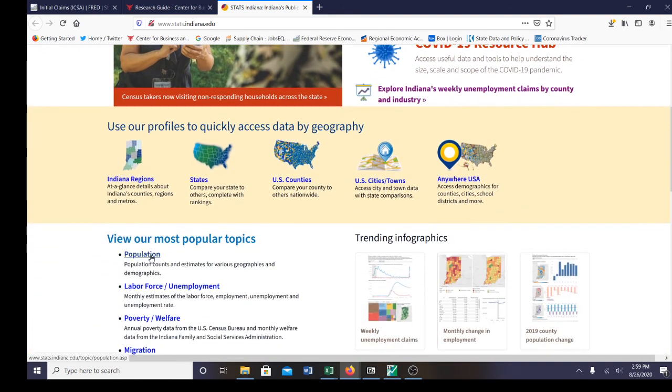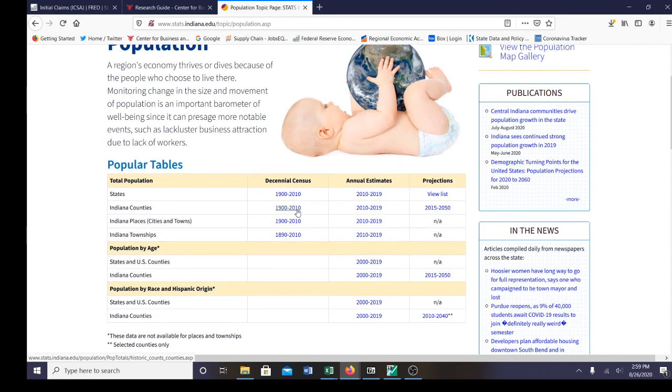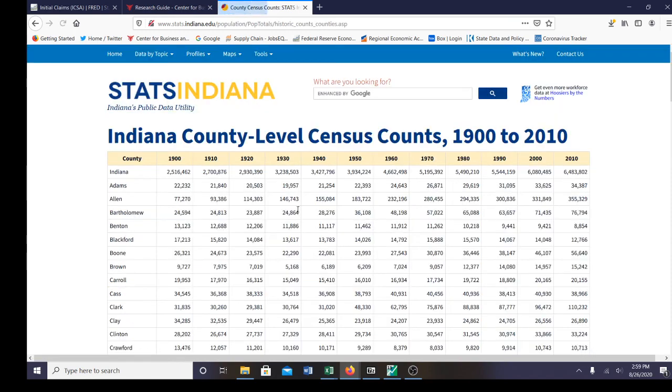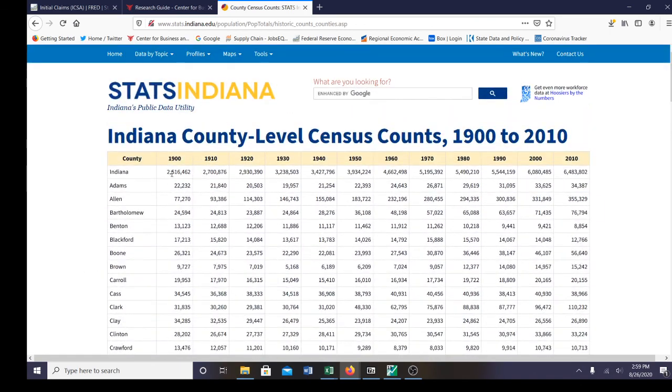And so we can look at population here. So this will give us Indiana counties. These are the decennial census. So this is cross-sectional data for Indiana county populations for each year and time series over time. So this is a time series cross-sectional data source.